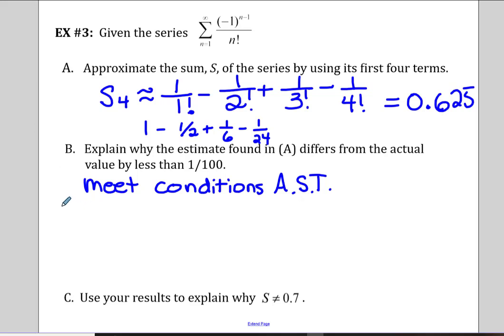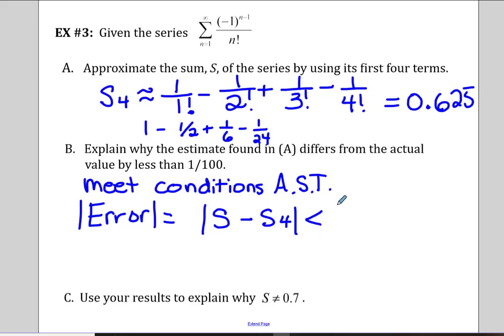That means we could say that the remainder, which is the error, is going to be the sum minus the 4th partial sum, and that's got to be less than that 5th term, or the next term truncated.